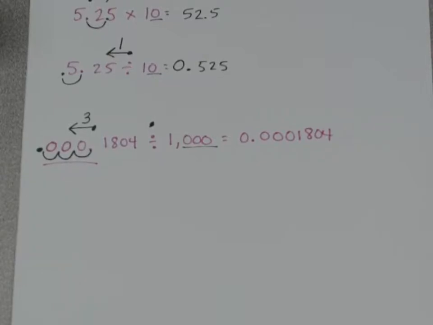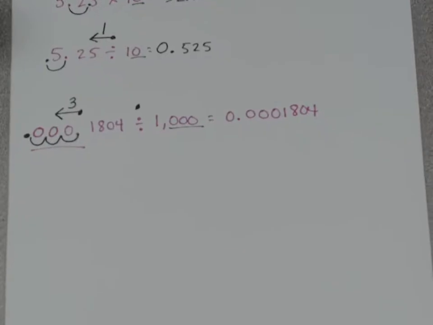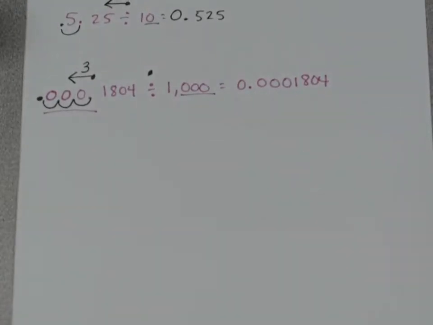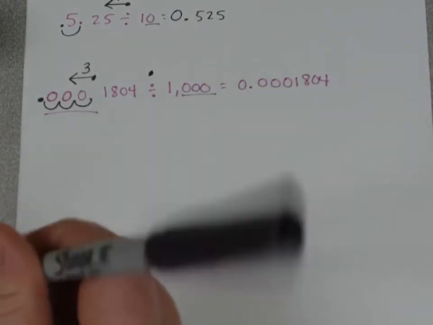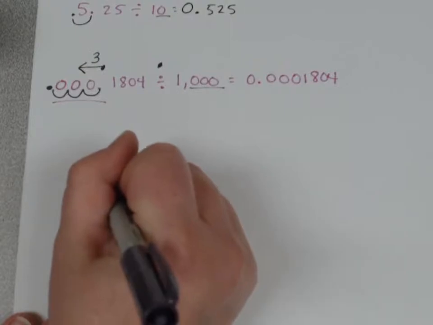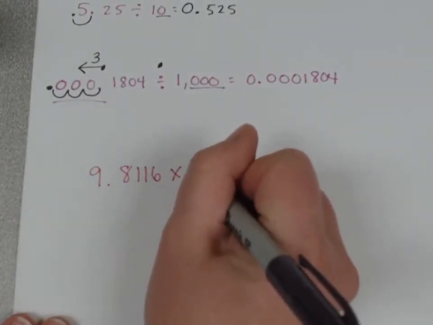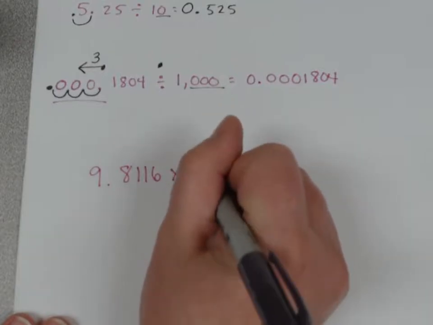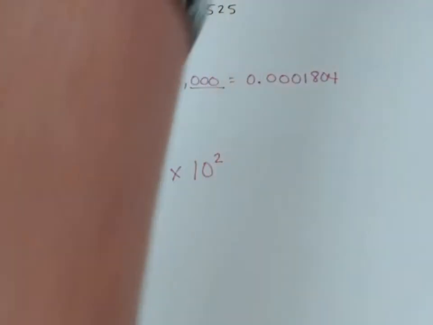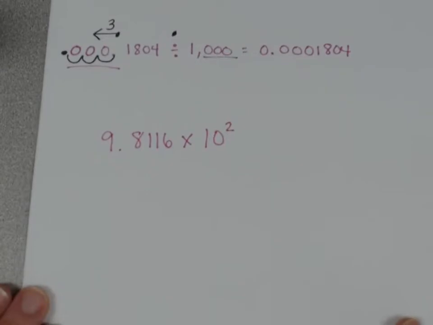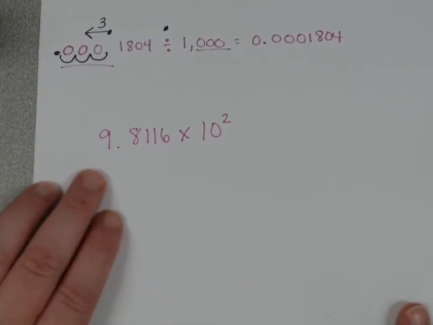But something that they're going to start tomorrow night, their homework, and just to give you a heads up on that, their homework is going to be 10 to the second power. All right, now their homework is not going to be written out like they normally see it.